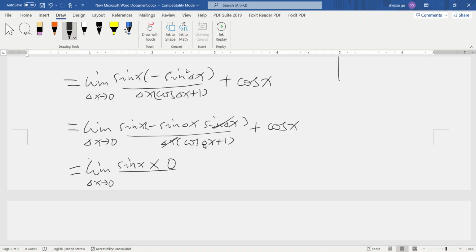And here cosine of 0 is 1, so 1 plus 1 is 2, plus cosine x. So the solution is cosine x.